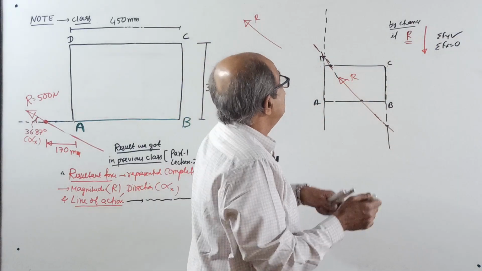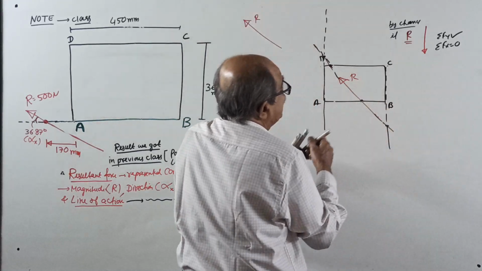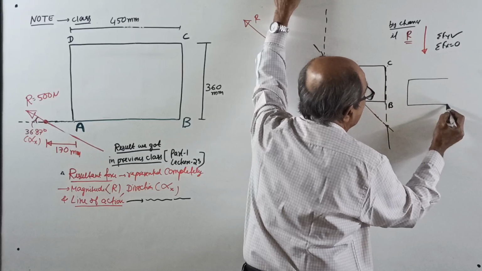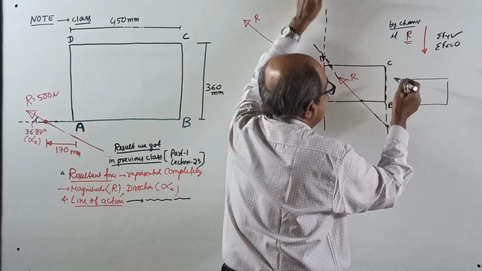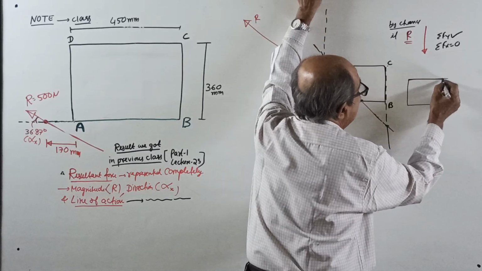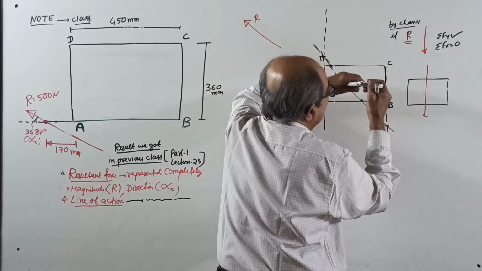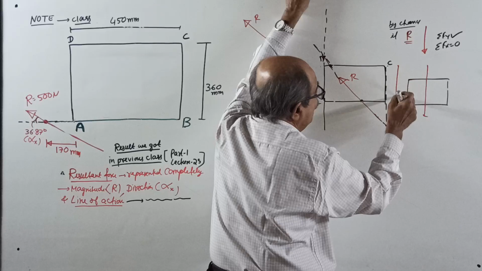But remember, if the resultant is purely vertical, then it will cut only horizontal lines. See here, it will cut this line, it will cut this line, maybe somewhere here or somewhere here. Okay, no problem.